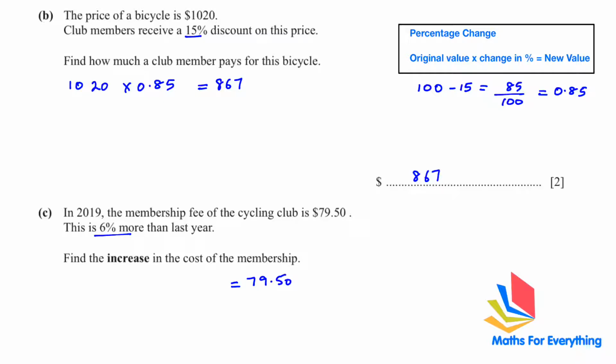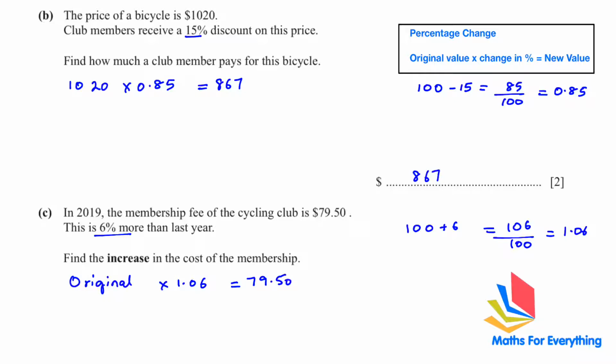You are increasing the value by 6%. Whenever there is an increase, add that number to 100. So you will have 106 and divide by 100, which will be 1.06. So multiplying by 1.06 will give you your original value, or the cost of the membership which was previous.